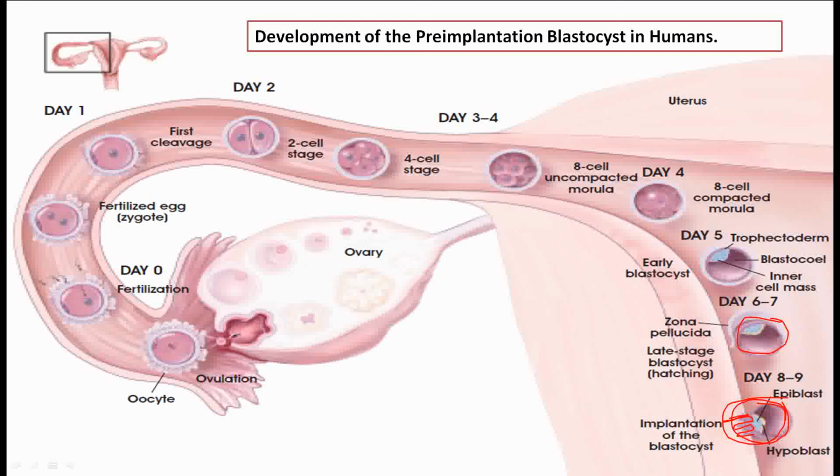That's why, if you want to culture human embryonic stem cells, you have to prefer the pre-implantation stage. This is an important point and can be asked in the exam, so you must remember it.